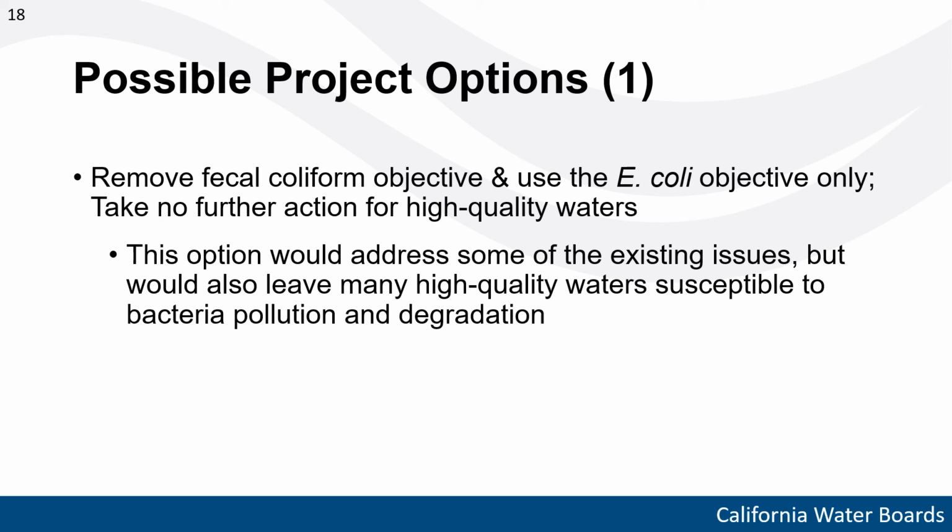This is because the E. coli objective allows for much more degradation before beneficial uses are identified as impaired, and this is a situation that could significantly reduce water quality in the region over time.